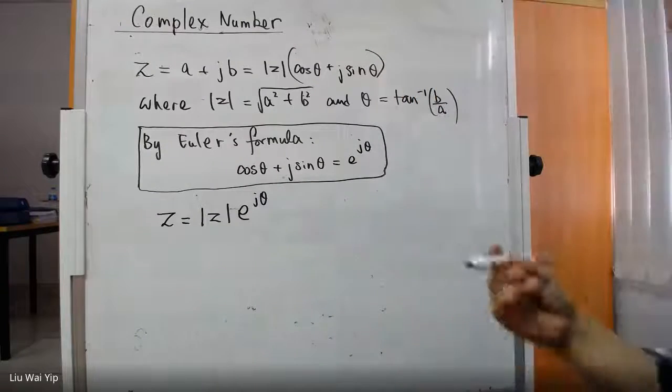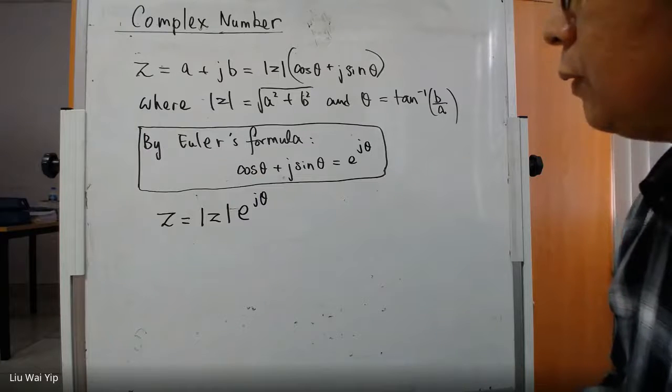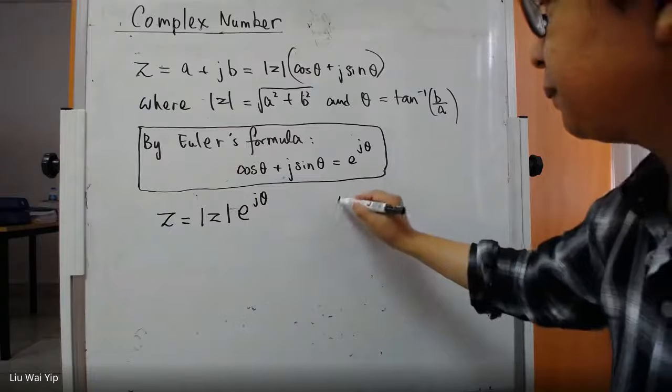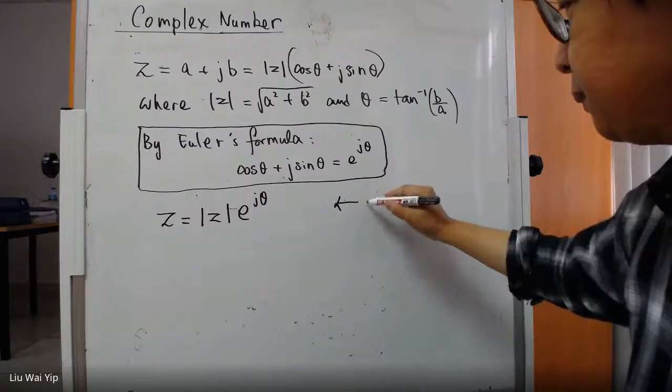This is a very important expression, and this one is the so-called exponential form of Z.